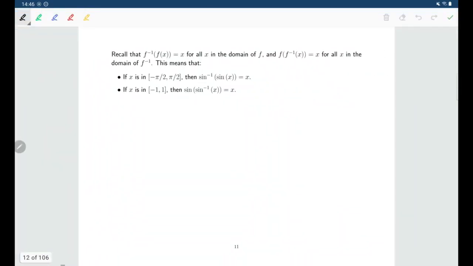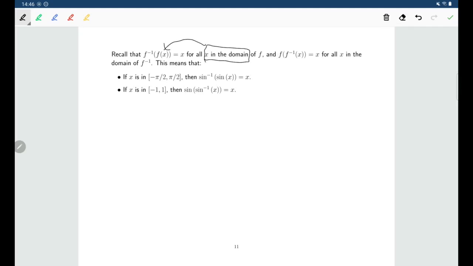Now, if you're thinking about doing compositions of trig functions, we have something nice from the past. Remember that when you compose a function with its inverse, they undo each other. That's true when it's f inverse composed with f, and it's also true when it's f composed with f inverse, as long as the value we're putting in is inside the domain.